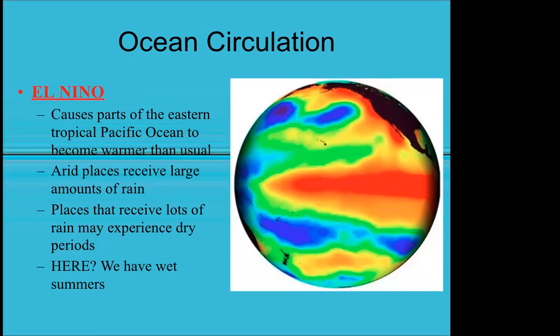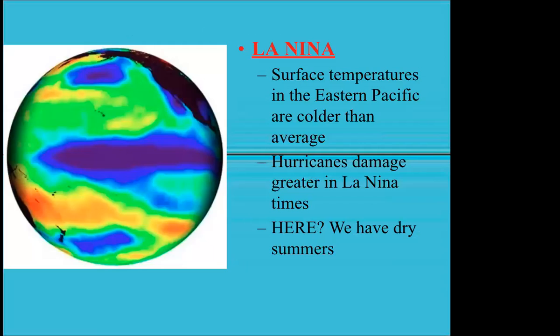And here there are wet summers. Okay? La Nina, okay, surface temperatures in the eastern Pacific are colder than average. Okay? El versus La, warmer, colder. Okay, hurricanes damage greater in La Nina times, and here there are dry summers.